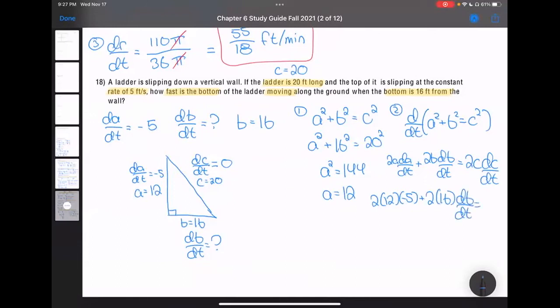And then 2 times C is 2 times 20 times dC dt, which is 0, gives us a big 0. So we don't even need to bother writing any of that. Okay, so 2 times 12 times -5 equals -120, plus 2 times 16 is 32 dB dt.